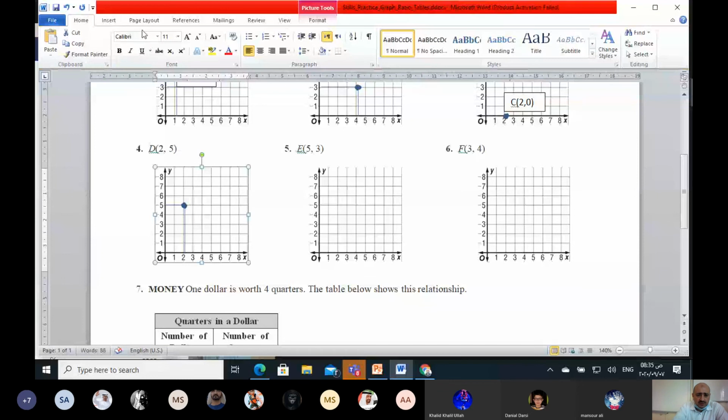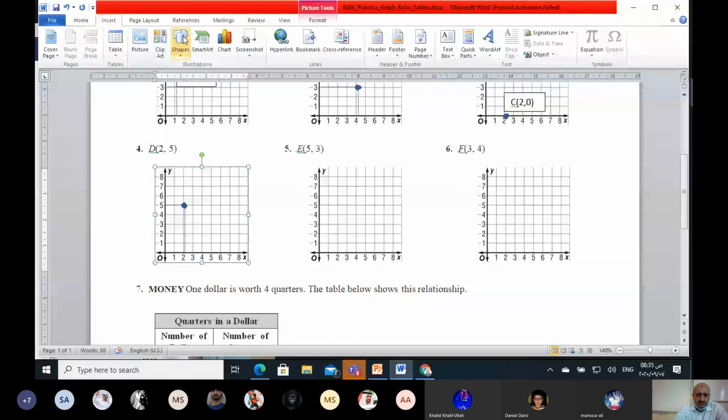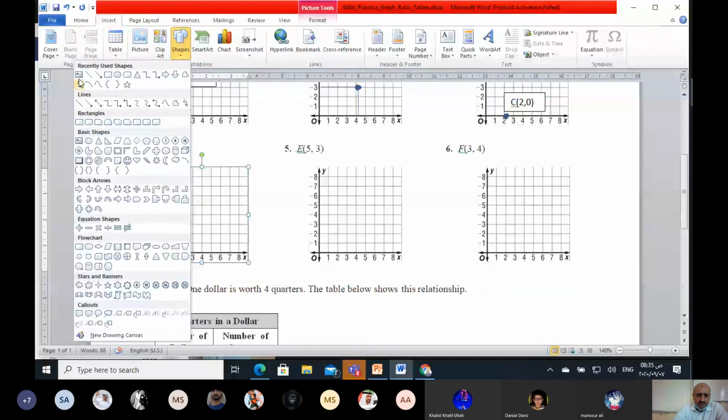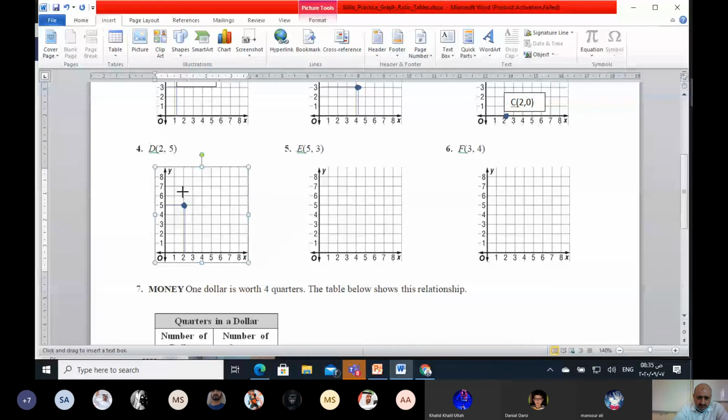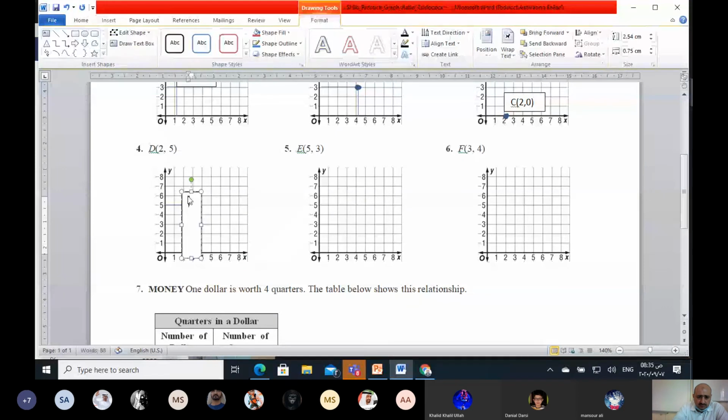And the name of this point is D, 2 in the x and 5 in the y.